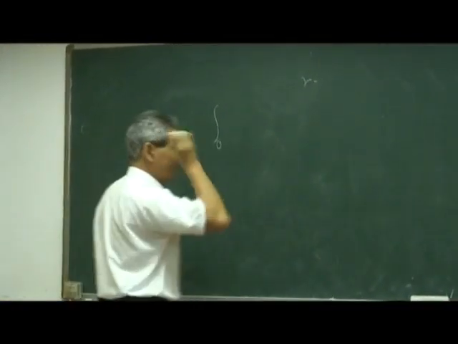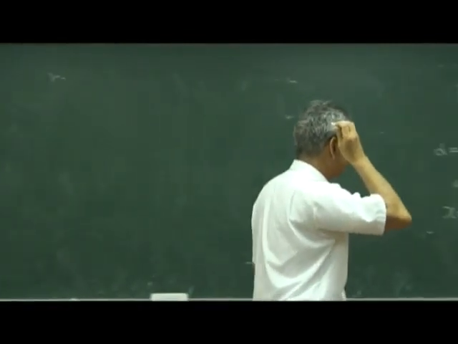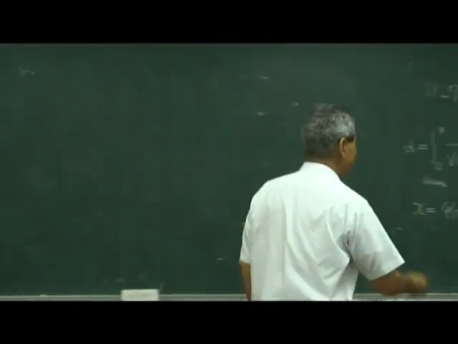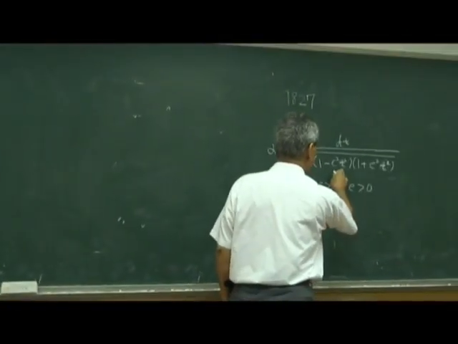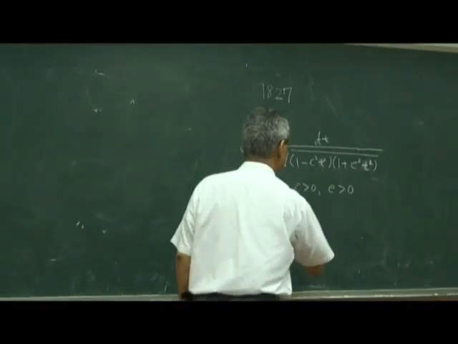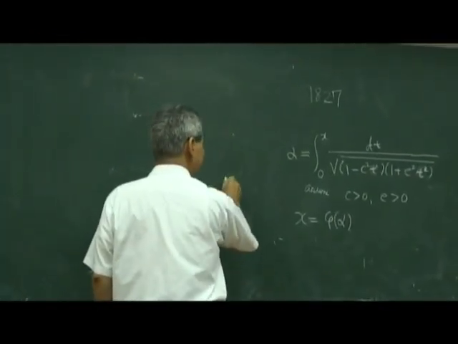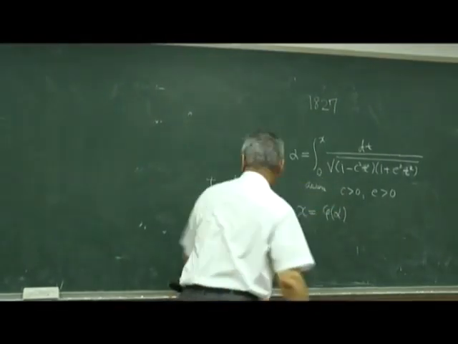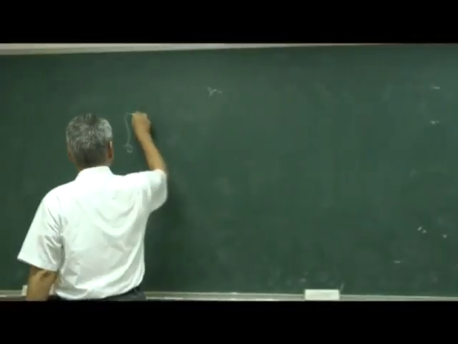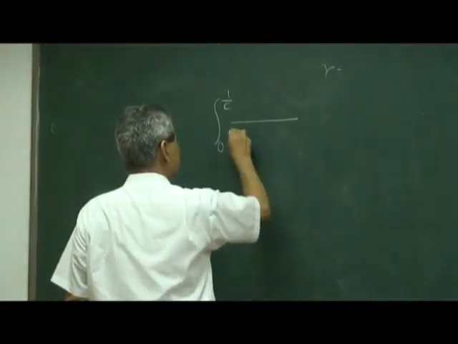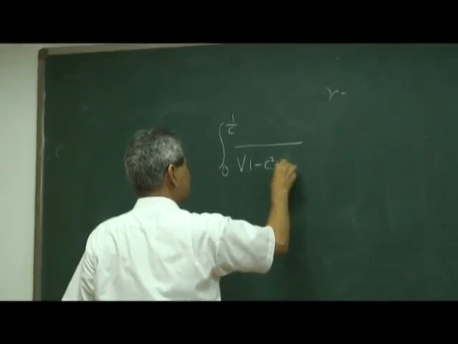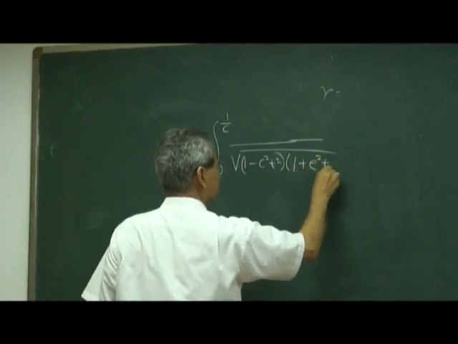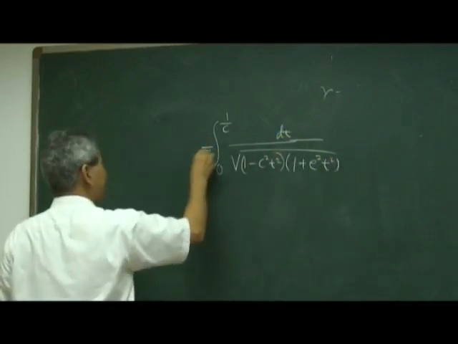First, under this condition, what is the zero of this denominator? So t is plus or minus 1 over c, isn't it? Just consider and define this number.